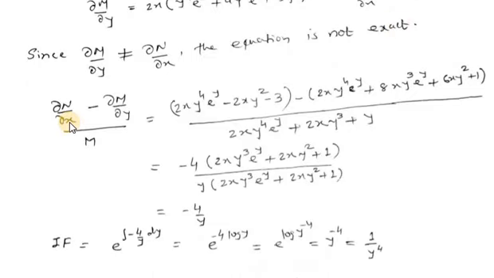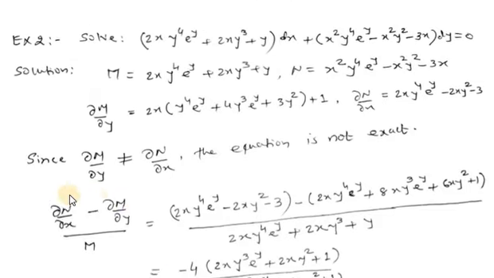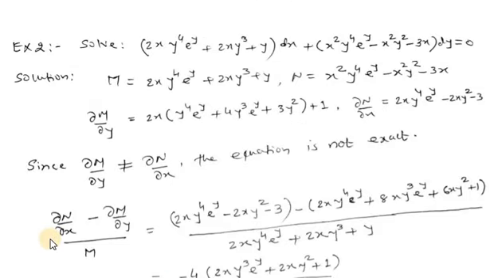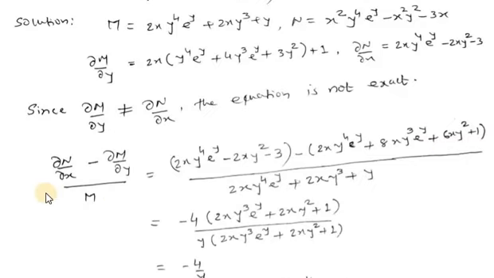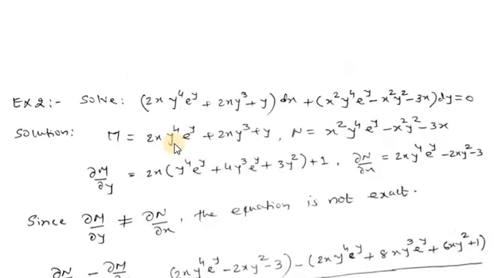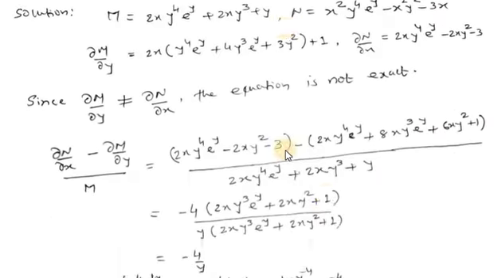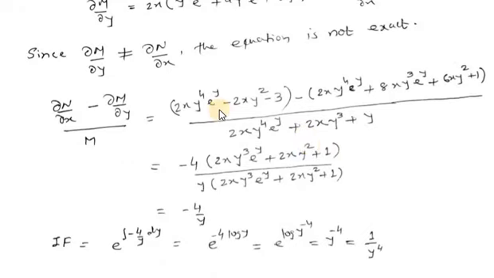So we will find out del n by del x minus del m by del y, divided by m. Del n by del x is this function, then minus del m by del y is this one function, right? We have multiplied this function by 2x, and divided by m. M is this function, right? Now we have to simplify the numerator.